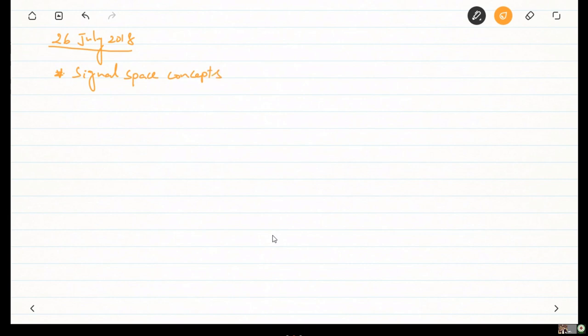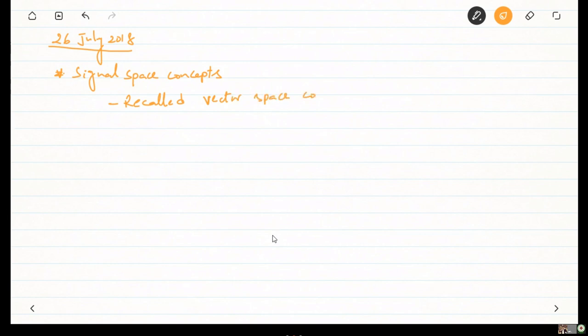Today we will continue with that and complete this topic. As a part of this, we recalled the vector space concepts in the last class.